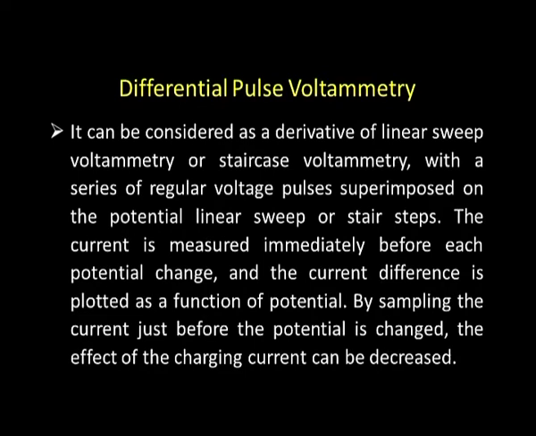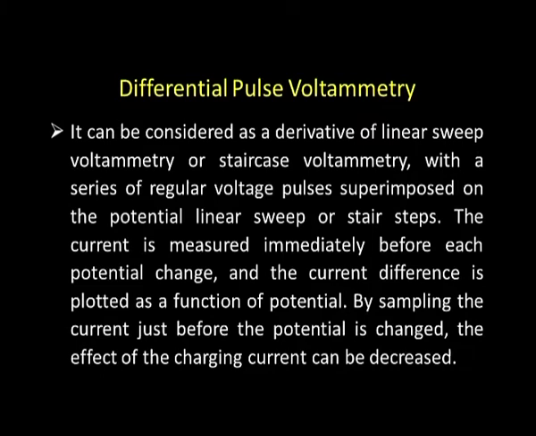The two most important pulse techniques we know are differential pulse voltammetry and square wave voltammetry. Let us now come to differential pulse voltammetry. It can be considered as a derivative of linear sweep voltammetry or staircase voltammetry with a series of regular voltage pulses superimposed on the potential linear sweep or stair steps.